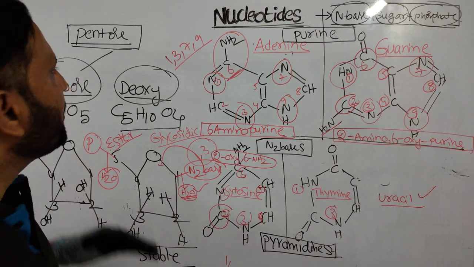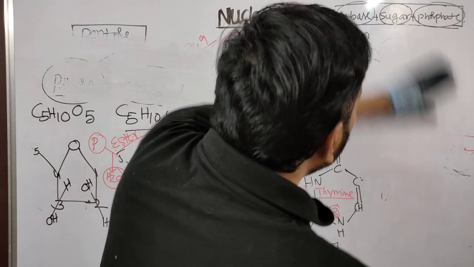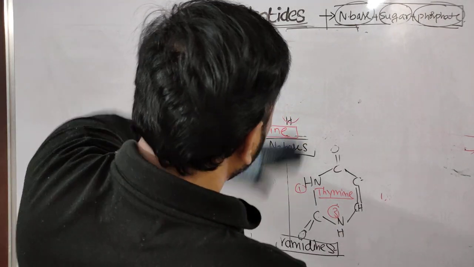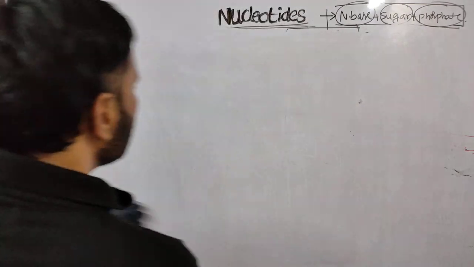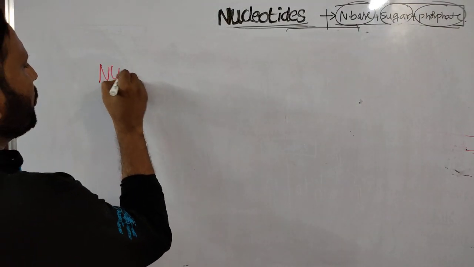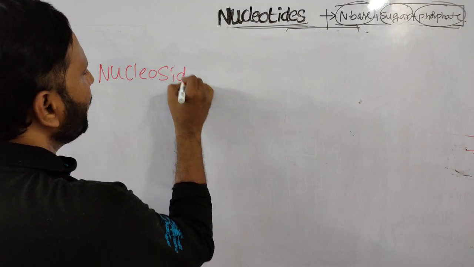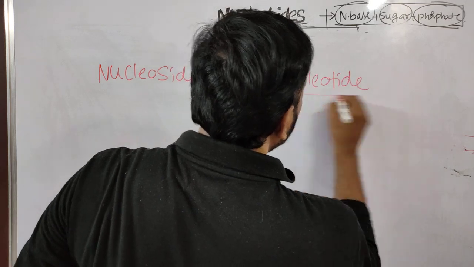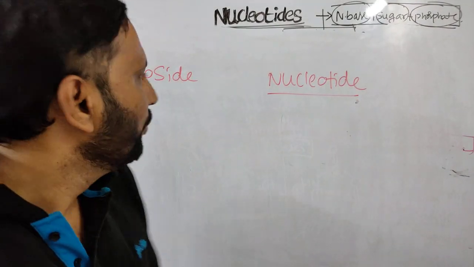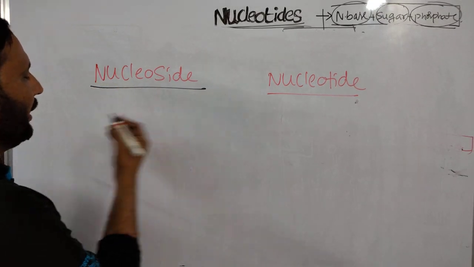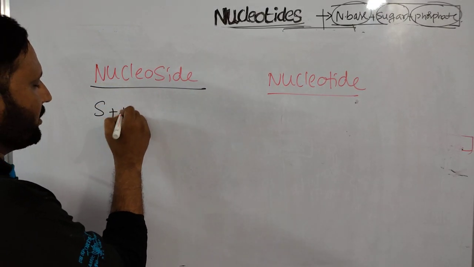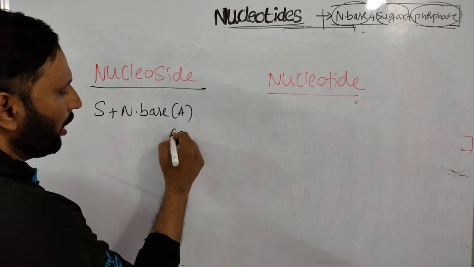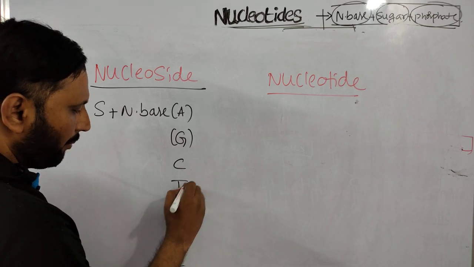So you should know the difference between nucleoside and nucleotide. Nucleoside clearly has no phosphate. A nucleoside means only sugar plus nitrogen base, where the nitrogen base may be adenine, guanine, cytosine, thymine or uracil.